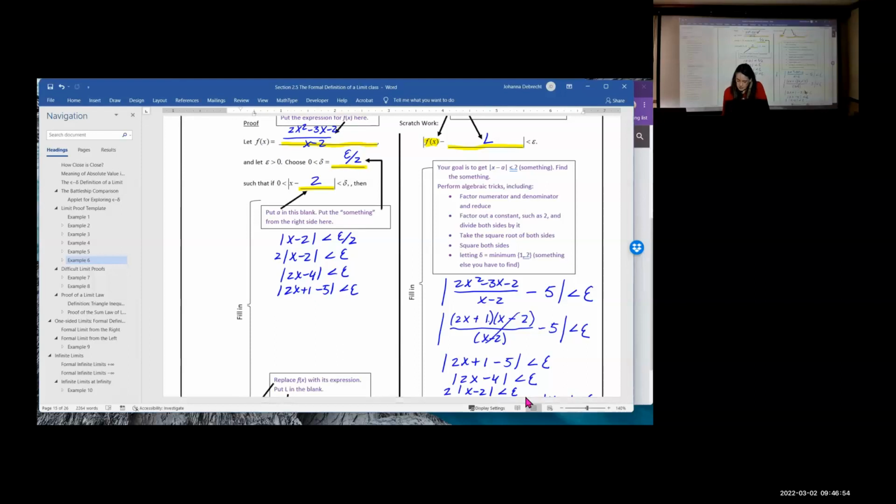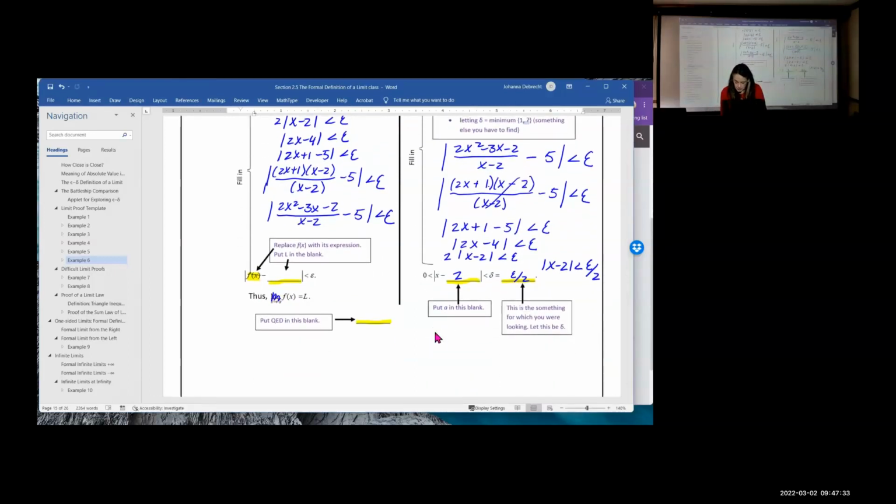I'm just repeating the steps backwards, which gives us in absolute values |(2x plus 1)(x minus 2) over x minus 2 minus 5| less than epsilon, which is the function |2x squared minus 3x minus 2 over x minus 2 minus 5| less than epsilon. All right, so we've got the whole thing there.